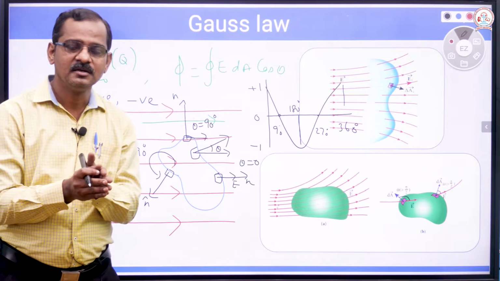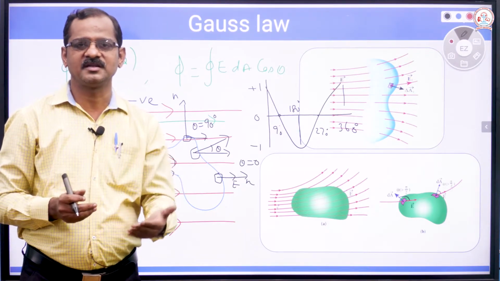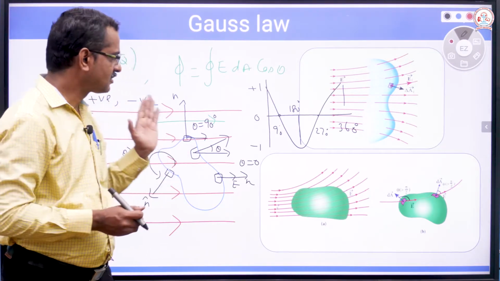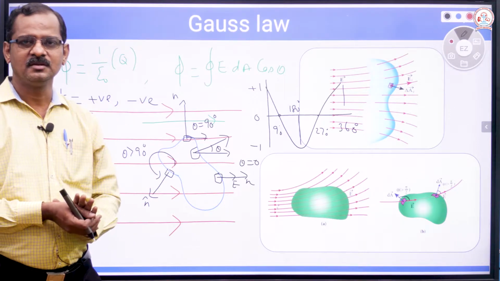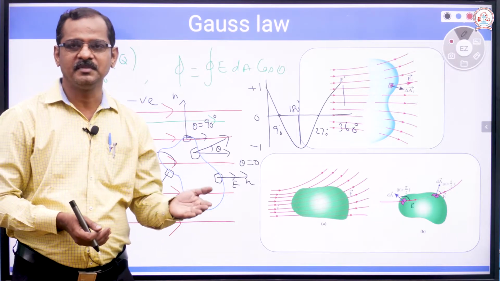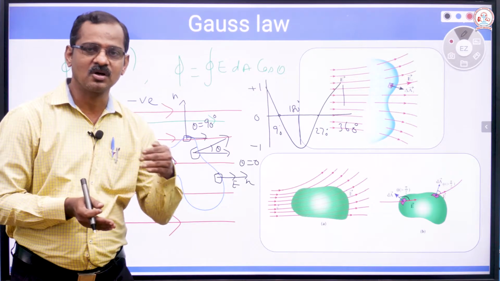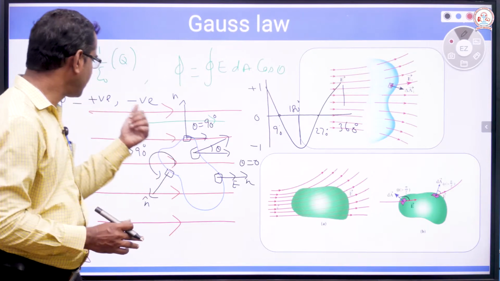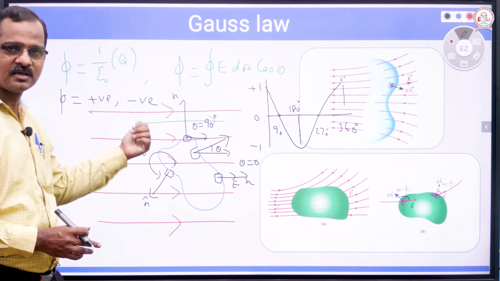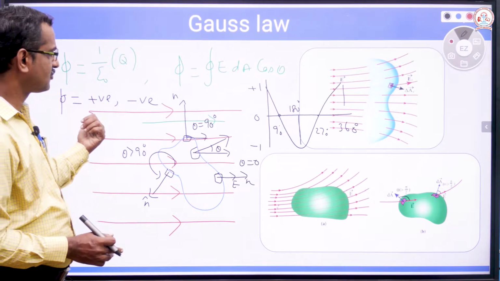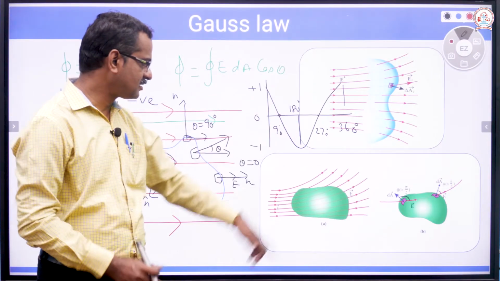Actually, flux is the number of lines. We are calculating the number of lines crossing perpendicular to the surface. It's a mere number, so it's not a vector quantity, it's a scalar quantity. But its value may be either plus or minus, based on theta.